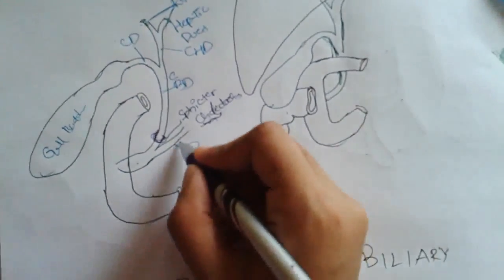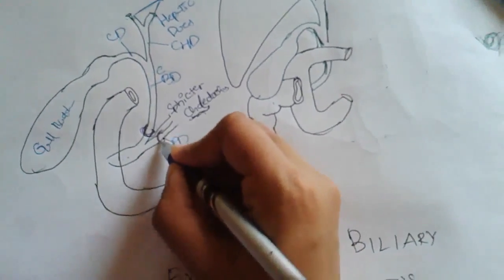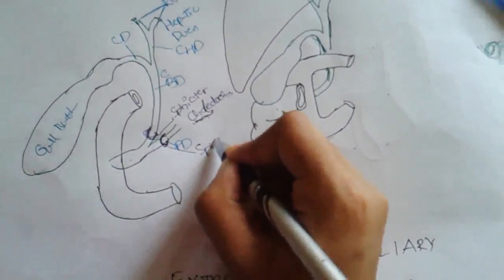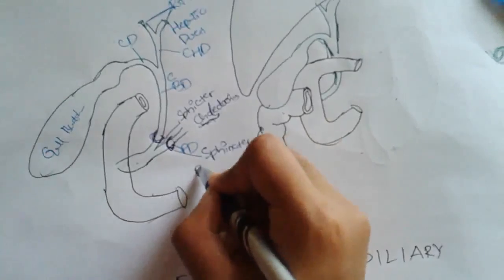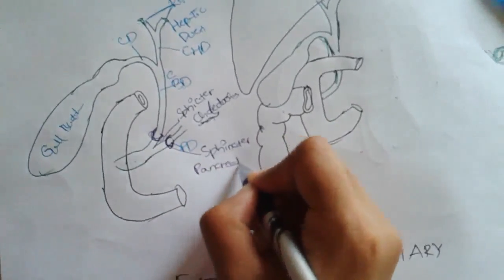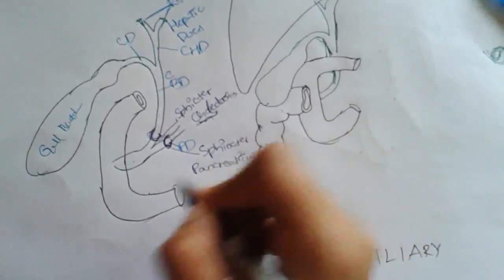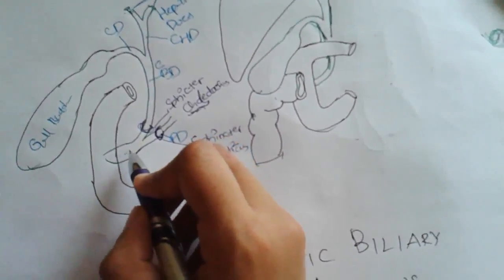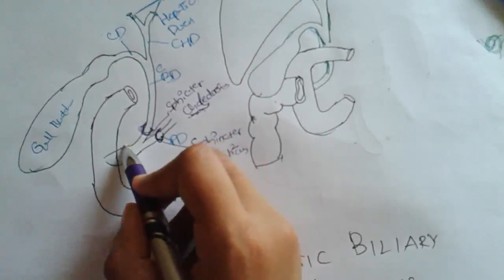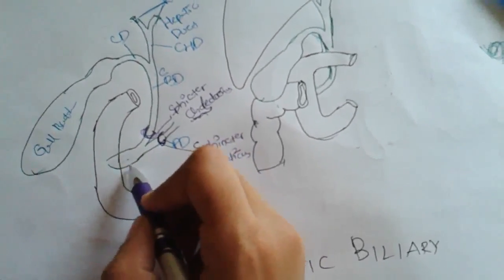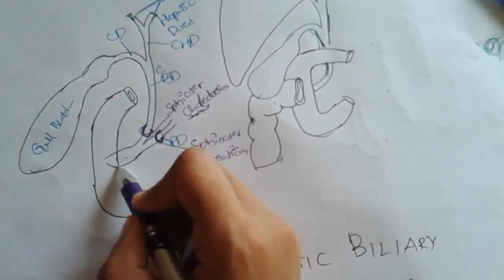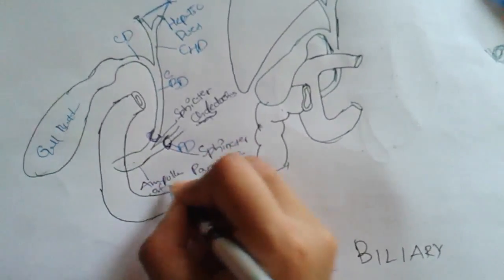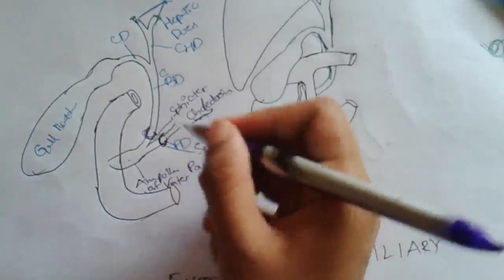Now, the sphincter that surrounds the pancreatic duct is the sphincter pancreaticus. And the hepatopancreatic duct bulges to form an ampulla, so it is called the ampulla of Vater, V-A-T-E-R.